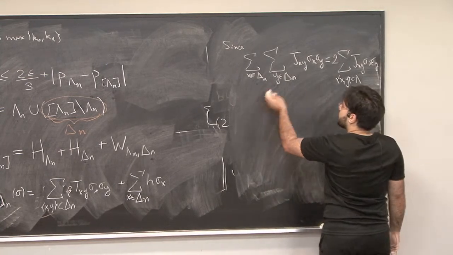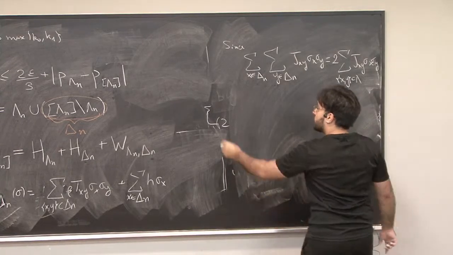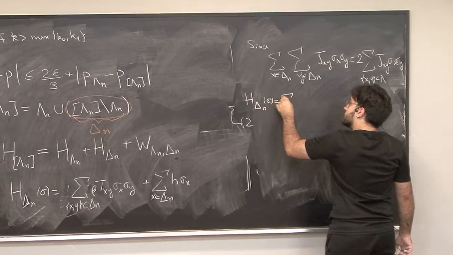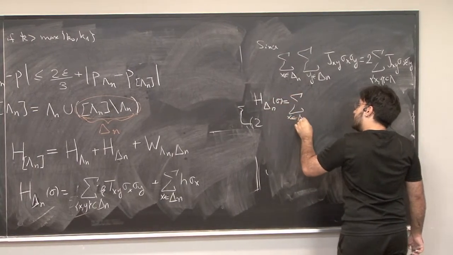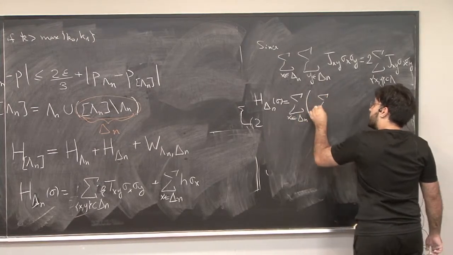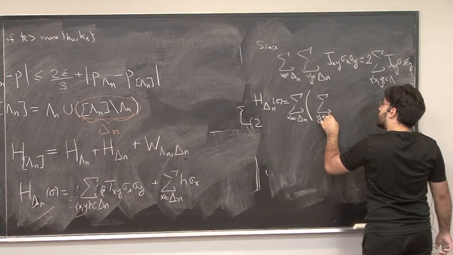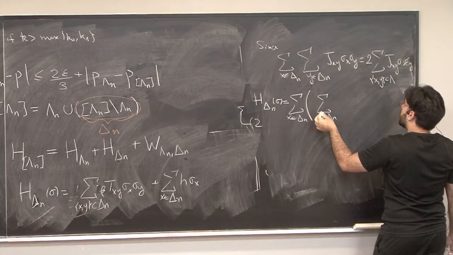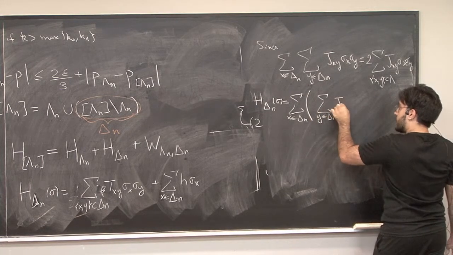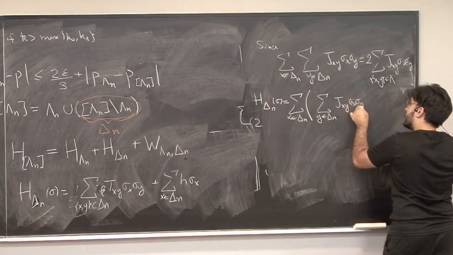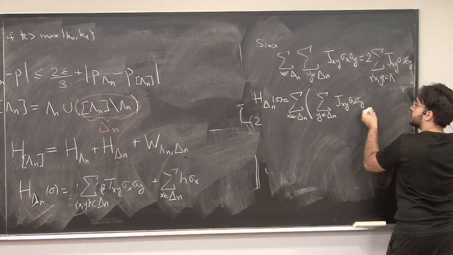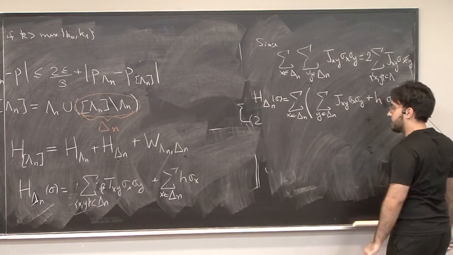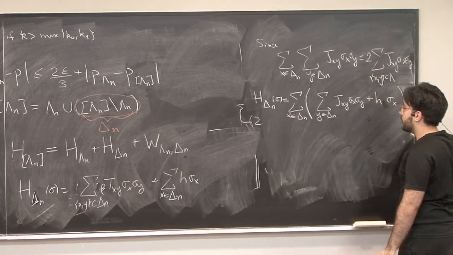So since this holds, I can write the Hamiltonian as being a sum over x inside delta n of a sum over y inside delta n of J_xy sigma x sigma y plus h sigma x, because h is constant for us.